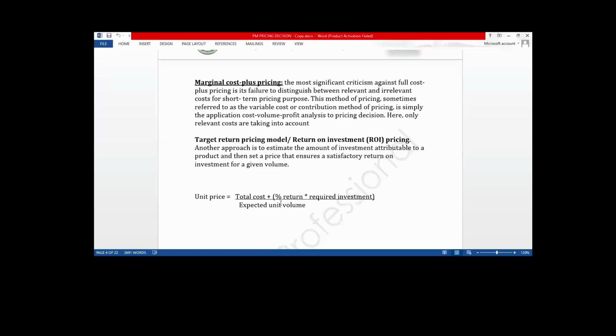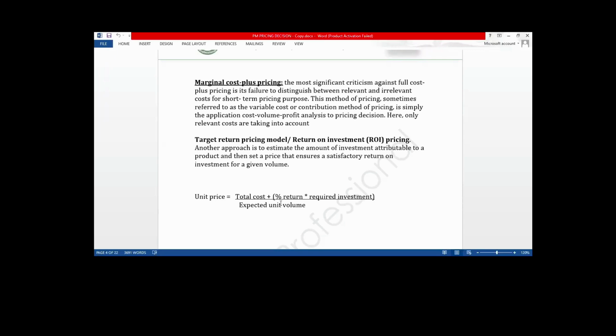When can we use this method? When can we use return on investment method? This method is mostly used for planning purposes.